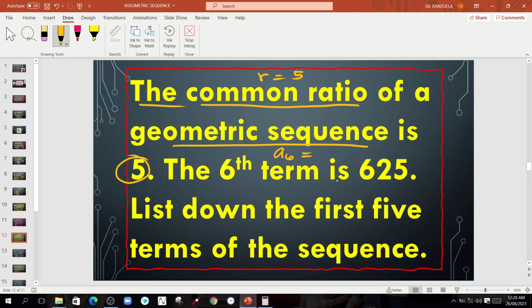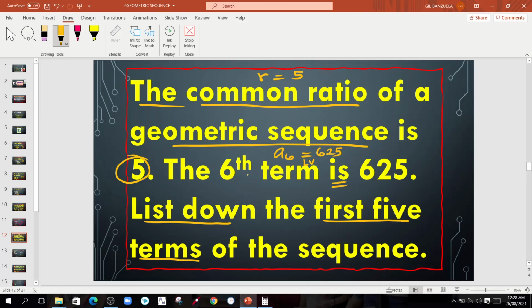The sixth term is, diba? Linking verb. Yung linking verb natin, yun yung equal sign. Then, 6 to 5. So, therefore, the sixth term or A sub 6 is equal to 6 to 5. Then, we are asked to list down the first 5 terms of the sequence.